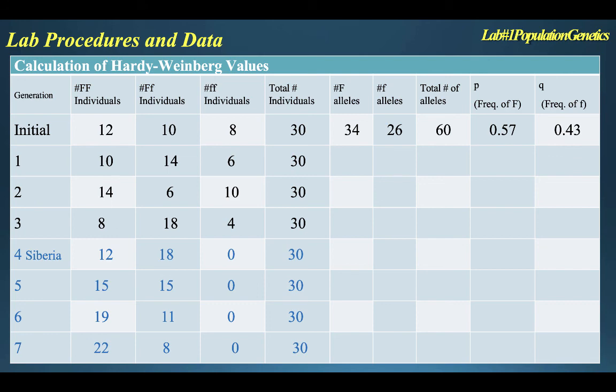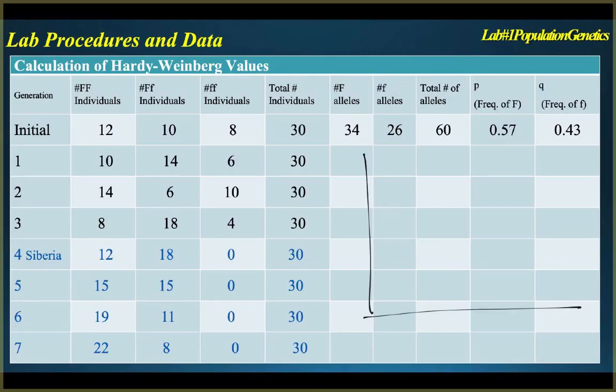Then they're going to ask you to put the frequency of P and Q. So if this is your first generation, maybe P is here, and then you can use a different color for the other one, and maybe that one's up here. And then you're just going to follow those as you go through. And then they're just going to ask you other questions afterwards.